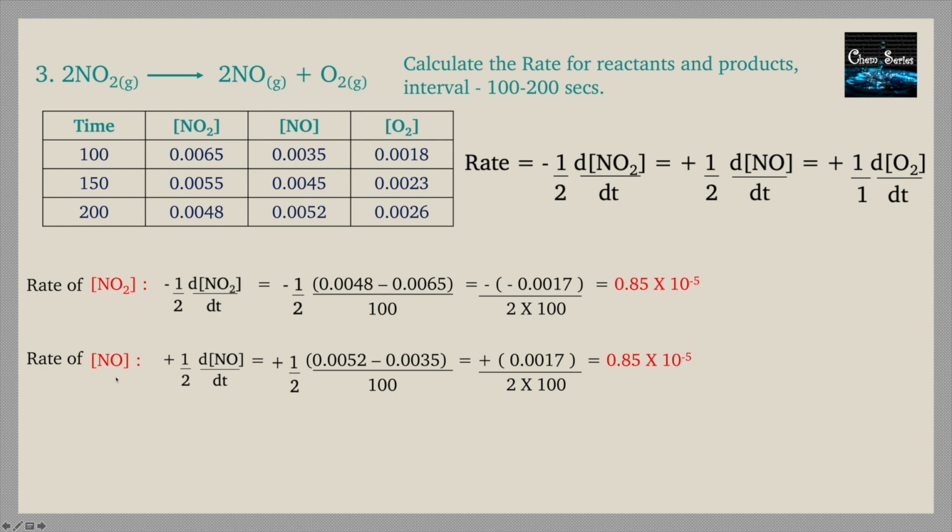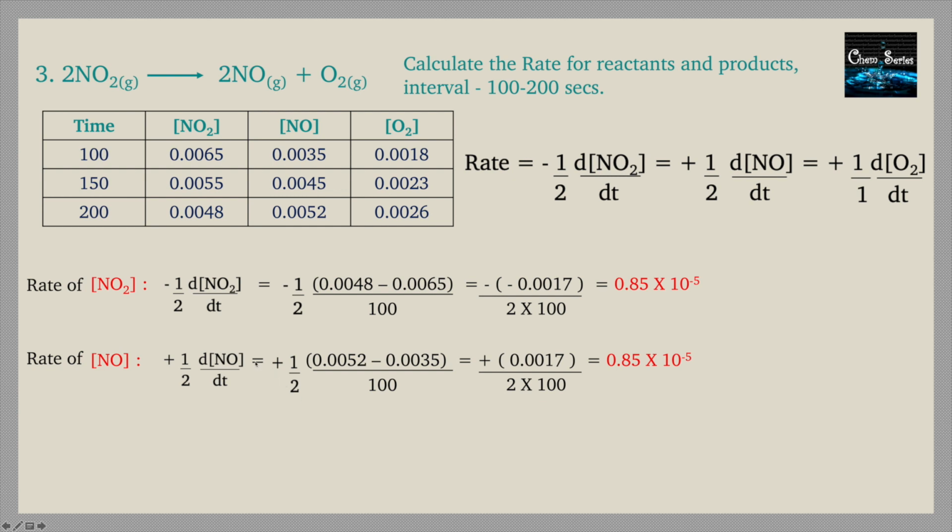And coming to the rate of NO, this is your formula for the rate for your product NO. Plus 1 by 2 dNO by dt, and dNO is the change in concentration of NO, between the time interval 100 to 200. So you have to subtract the concentration of NO at 200 minus 100.